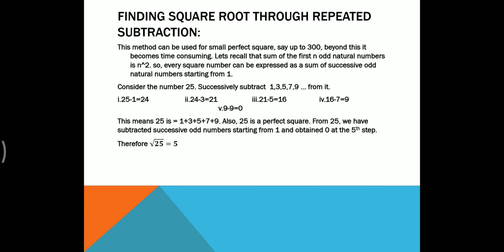Remember, whenever we do repeated subtraction and arrive at 0, the step at which we get 0 gives the answer. Here in this example, we get it in the fifth step. Therefore, the square root of 25 is equal to 5.